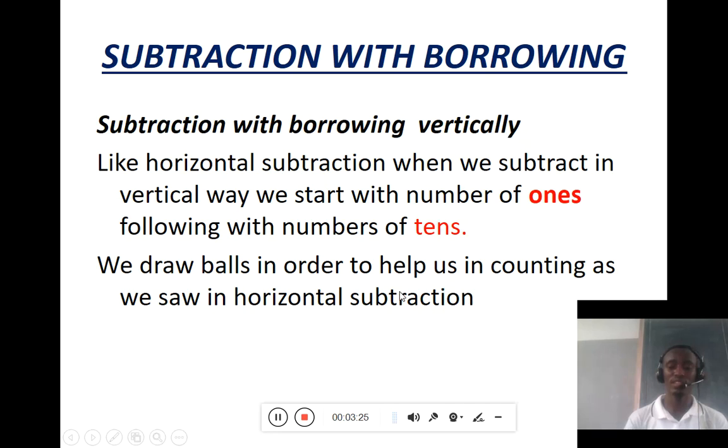Balls are used on a rough paper, so you can draw balls in order to know, when you count and cut, which number is remaining, because if you use a finger sometimes you can get confused. So it is better to use balls in your rough work. You draw balls, then you count the balls, then you cut the numbers which are needed.